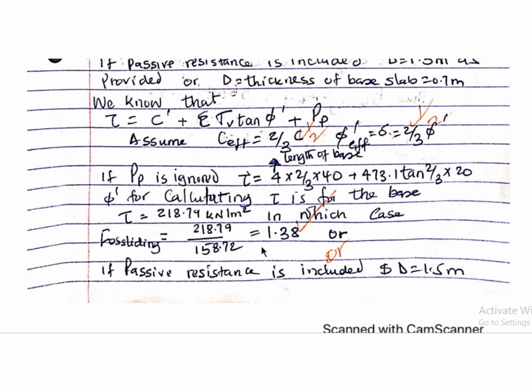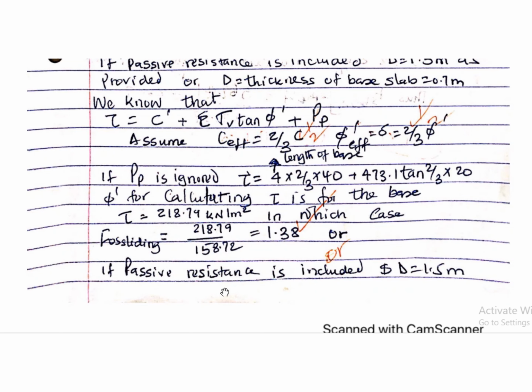So that gives you a factor of 1.38. These depend on if there is a standard you're comparing against. If, for example, the factor of safety against sliding is 1.5, then you can see this is less. But also you can see based on the assumption that we made.